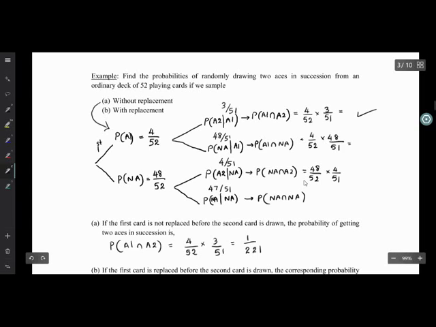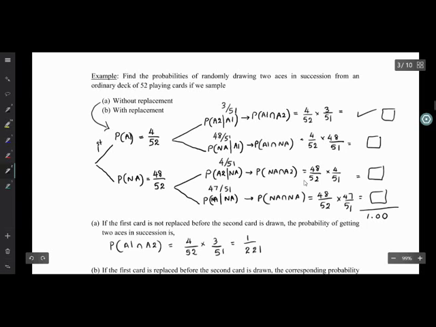Now there's another thing you should understand. If you prepare a complete tree diagram like this one and multiply the probabilities along all the paths, in this case there are 4 paths. If you calculate the exact probabilities and add them together, you should end up with total probability 1.